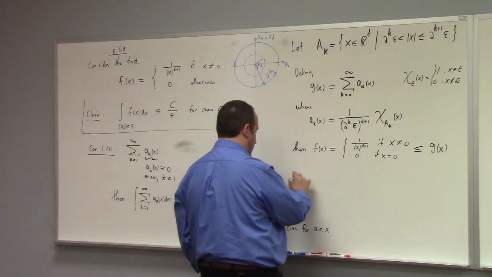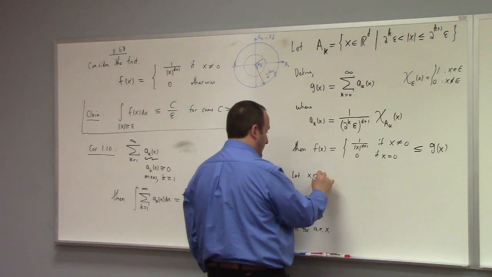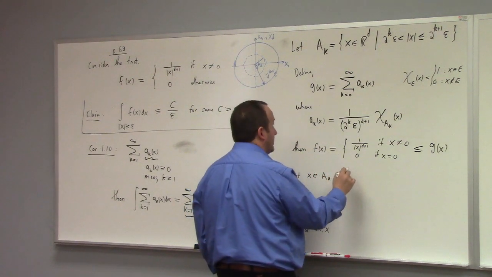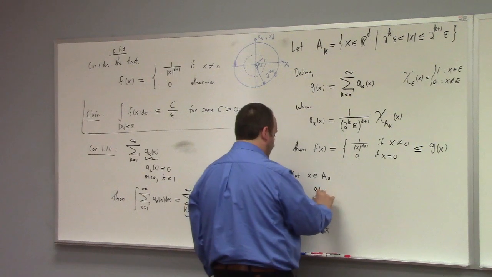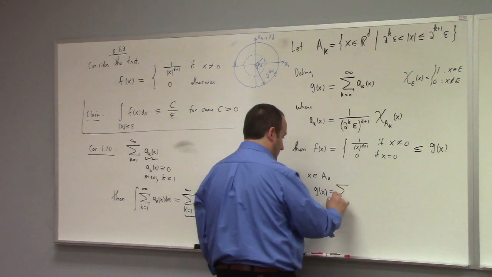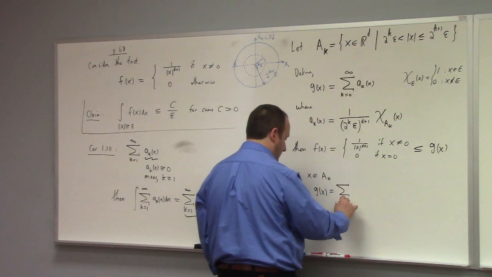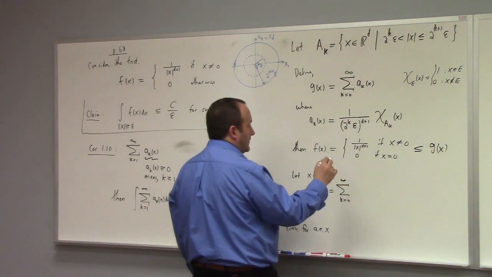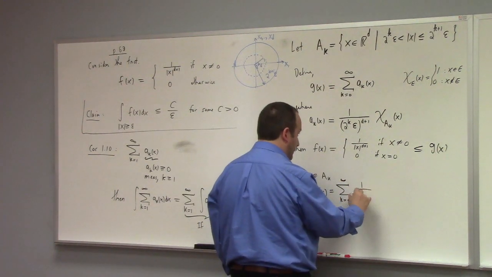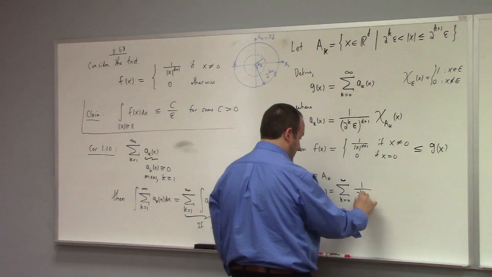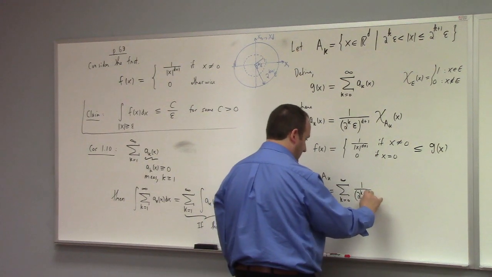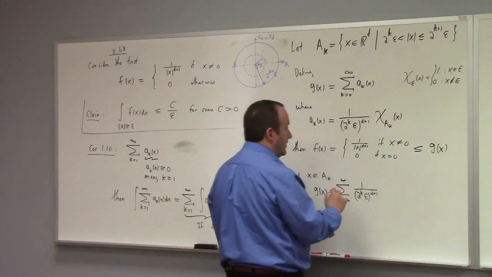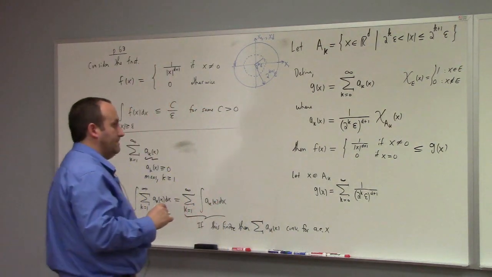Let x be an element of A_k for a second, right? Then what's g of x equal to? Because that's 1.